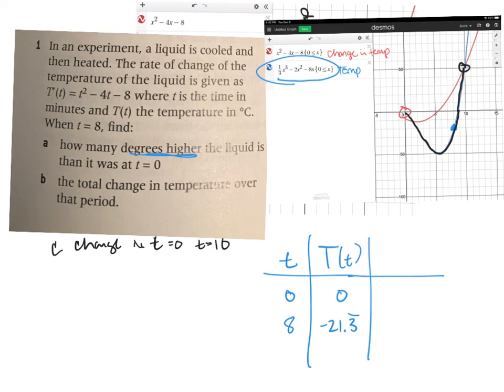At t equals 10, the temperature is about 50. So you'd say, well, from here to here, it just went up 50 degrees. But that's not what all of the liquid went through. It went all the way down to -50 and then all the way up. So it changed a total of 150 degrees.